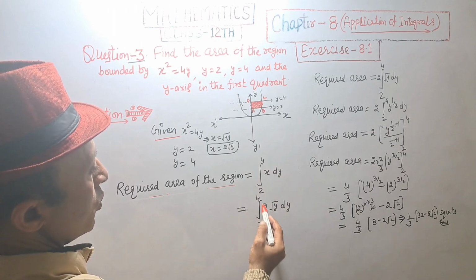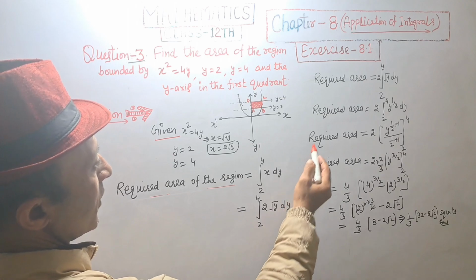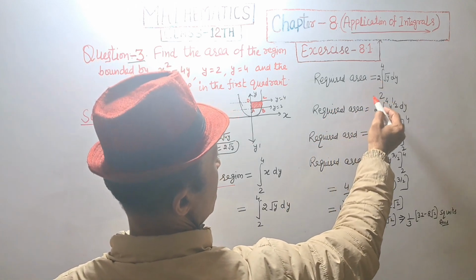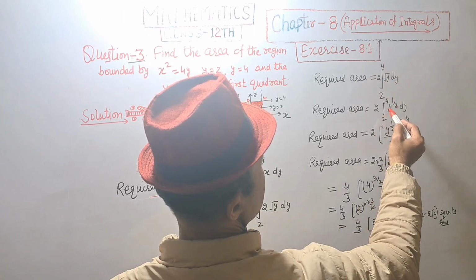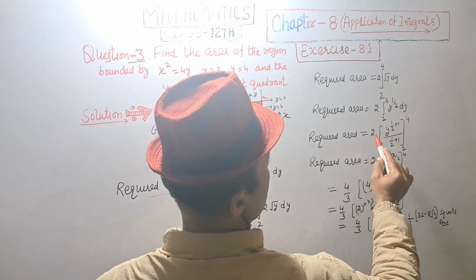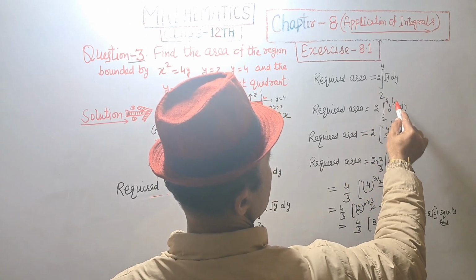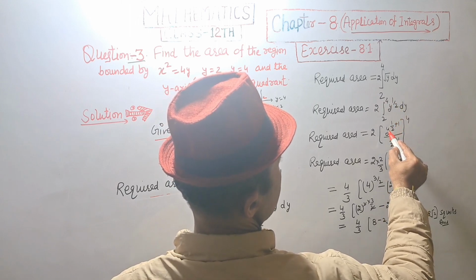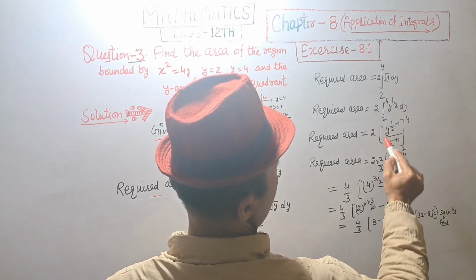This is equal to 2 to 4 of 2 root y dy, and required area is 2 into 2 to 4 y dy. Y can be written as y raised to power 1 upon 2 dy. So area is equal to 2 into integration of y raised to power 1 by 2, that is equal to y raised to power 1 by 2 plus 1 upon 1 by 2 plus 1.